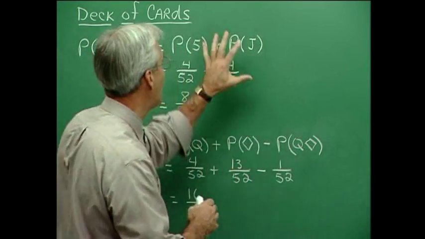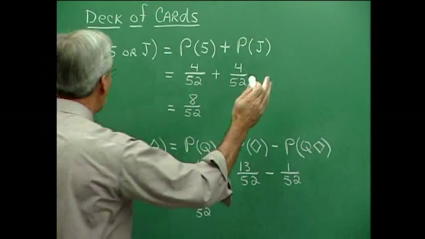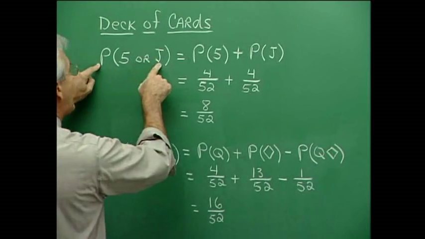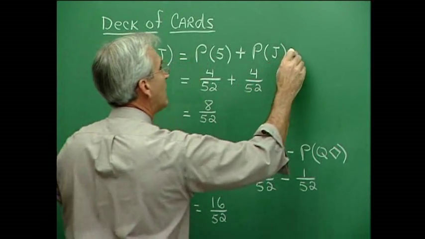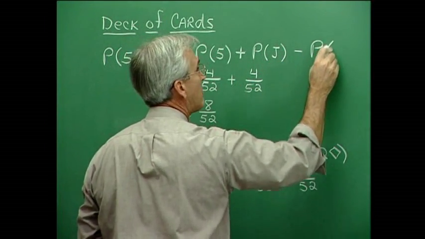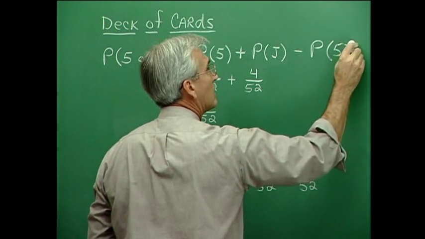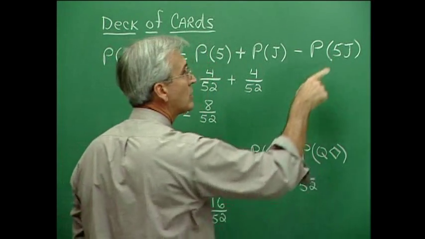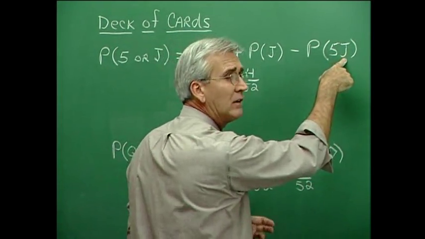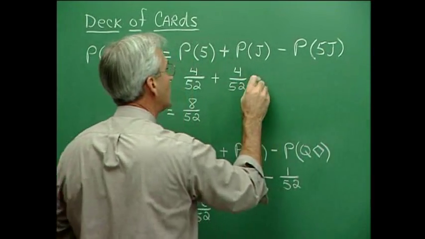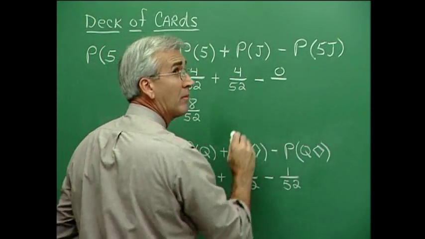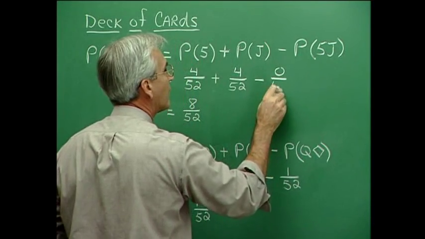In fact, we could have applied that idea up here. We have the probability of 5 or jack: add the separate probabilities and subtract the probability that they both happen at the same time. The probability of drawing a card which is a 5 and a jack doesn't make any sense, does it? Well, of course it doesn't. So the probability of doing that is 0 out of 52.